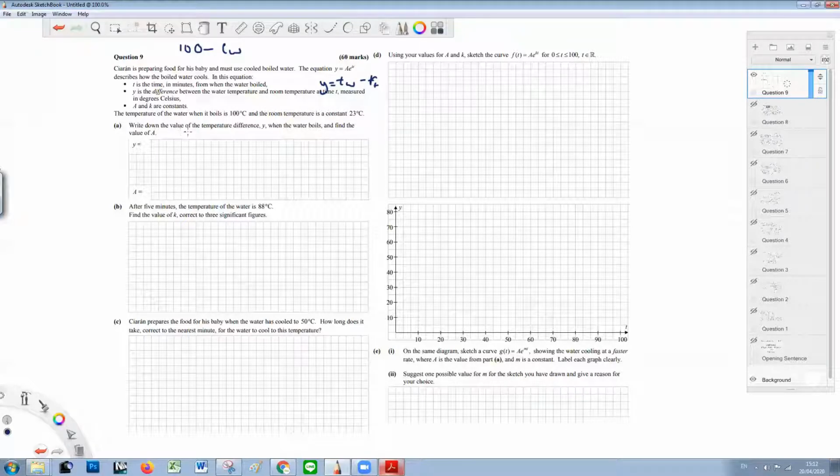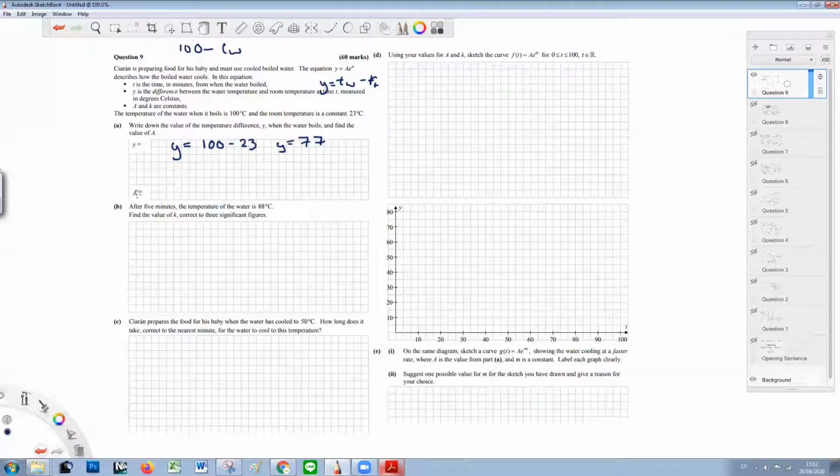So write down the value of the temperature difference y when the water boils, and find the value of A. The temperature when it boils is 100, and the room temperature is 23. So y is equal to 77. That's the difference in temperature.